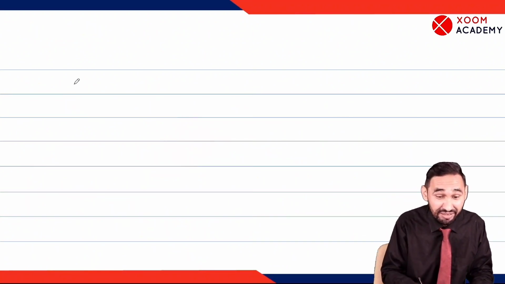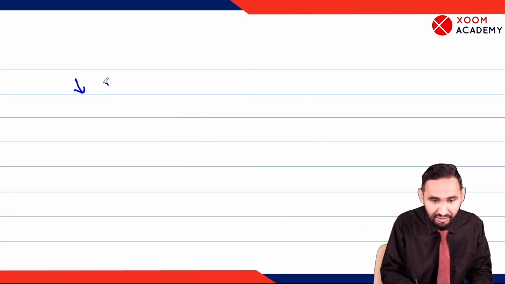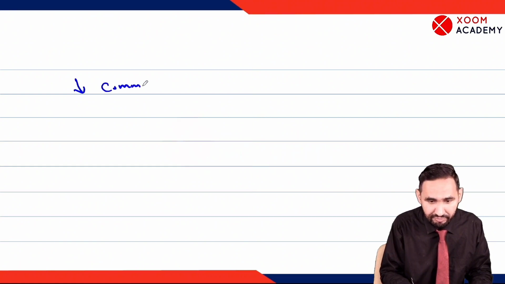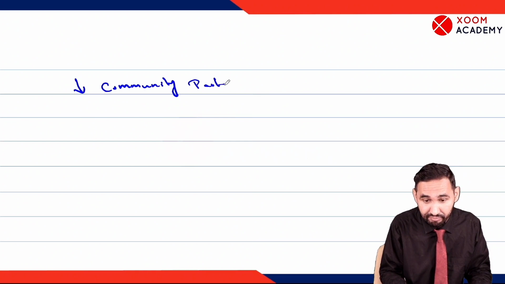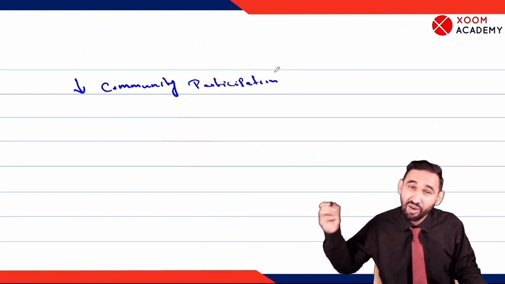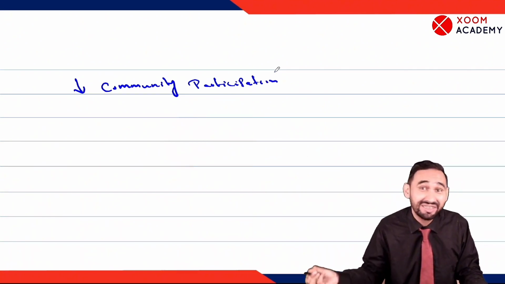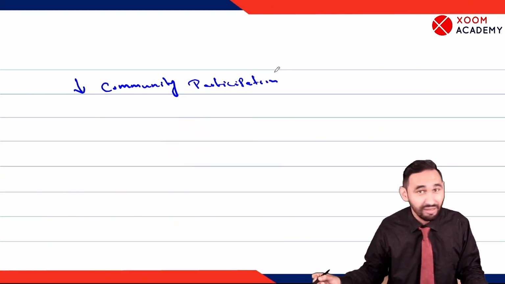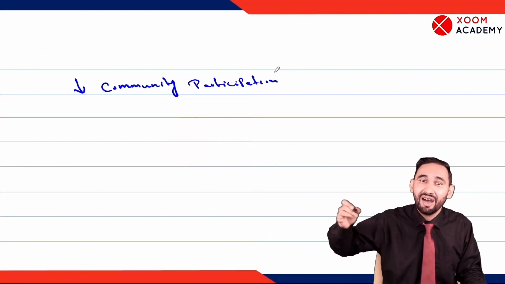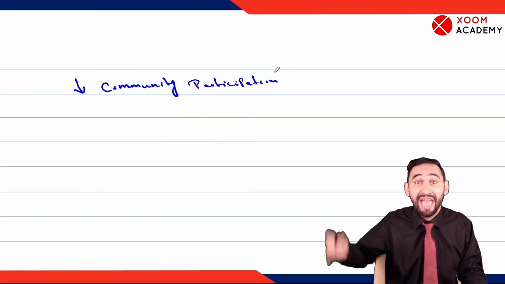There is lesser community participation. People don't believe, they don't participate. Without active participation of community, this can't be controlled. Polio can't be eradicated unless community is involved.